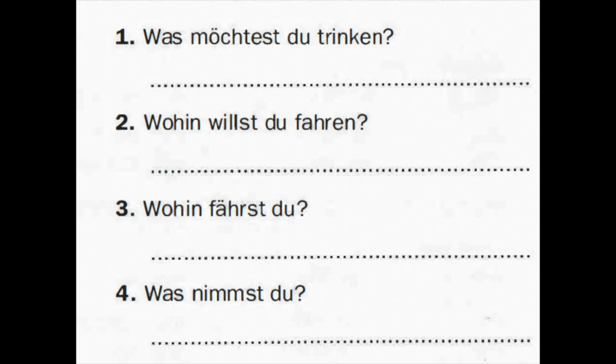Sentence number 1. Was möchtest du trinken? We've got to change du to Sie and möchtest to möchten, right? Was möchten Sie trinken? Sentence number 2. Wohin willst du fahren? Again, du turns into Sie, right?